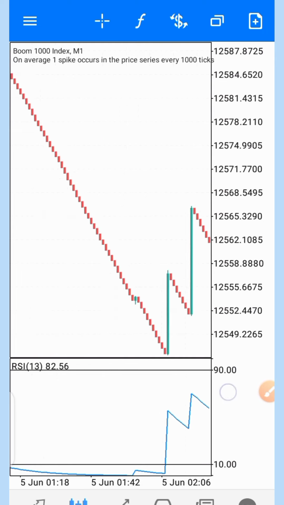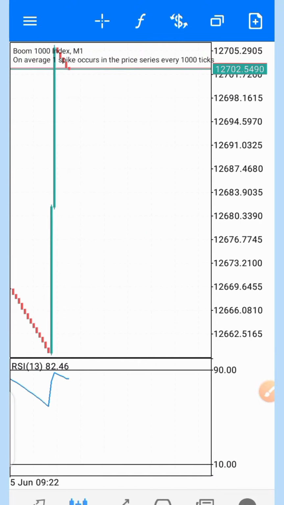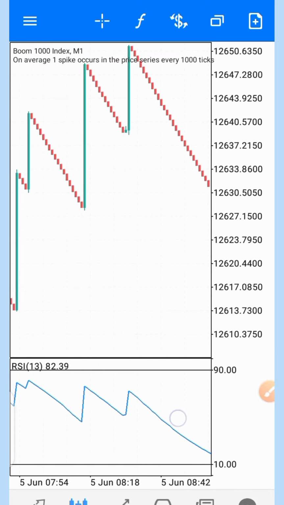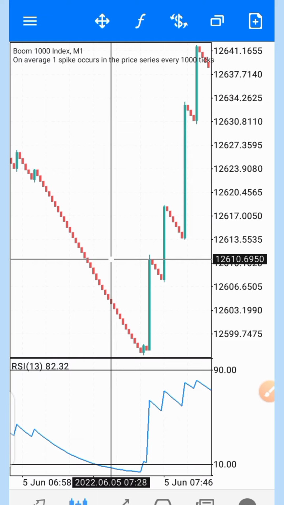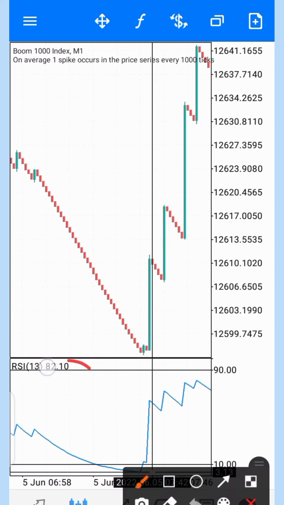The reason why I'm explaining that is because you can see here the spike happened at the 3.13 level. When this got to 3.13, the spike happened.